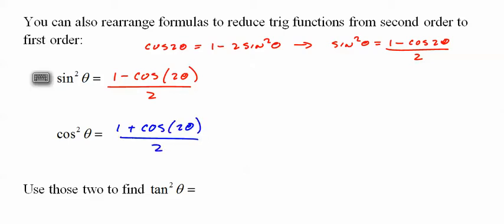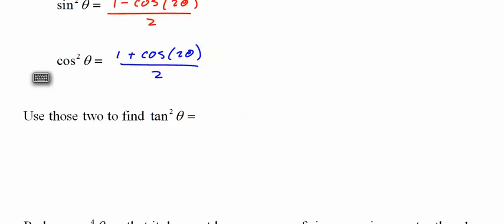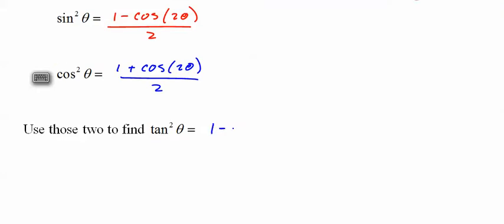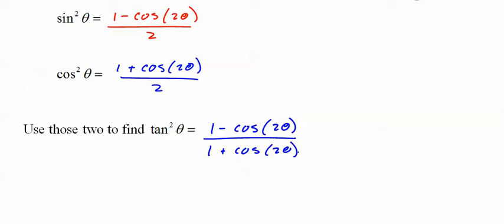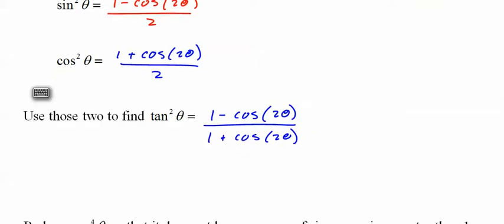And then, hey, I know how to find tangent squared theta. It's 1 minus cosine of 2 theta over 1 plus cosine of 2 theta. Hopefully you're not asking me what happened to the 2's. Does that formula help me in calculus? No, not really. I'd have to keep going from here and maybe multiply by a conjugate or something. No, I wouldn't do that.